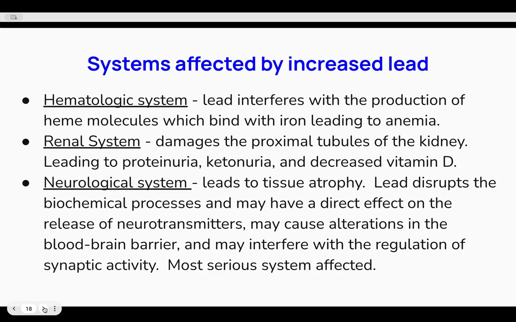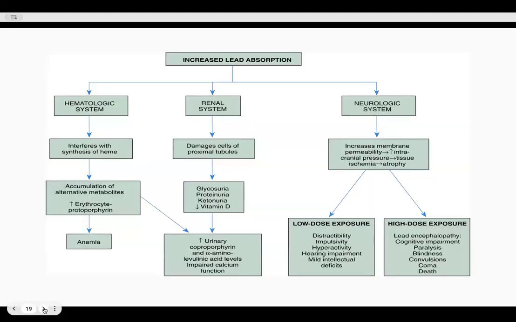Lead disrupts the biochemical processes and may have a direct effect on the release of neurotransmitters and cause alterations in the brain. It can also interfere with regulation of your synapses in your brain. This is the most serious system affected. This slide shows how it directly affects the different systems, and what some signs and symptoms are, especially in the neurologic system, of low dose exposure versus high dose exposure.